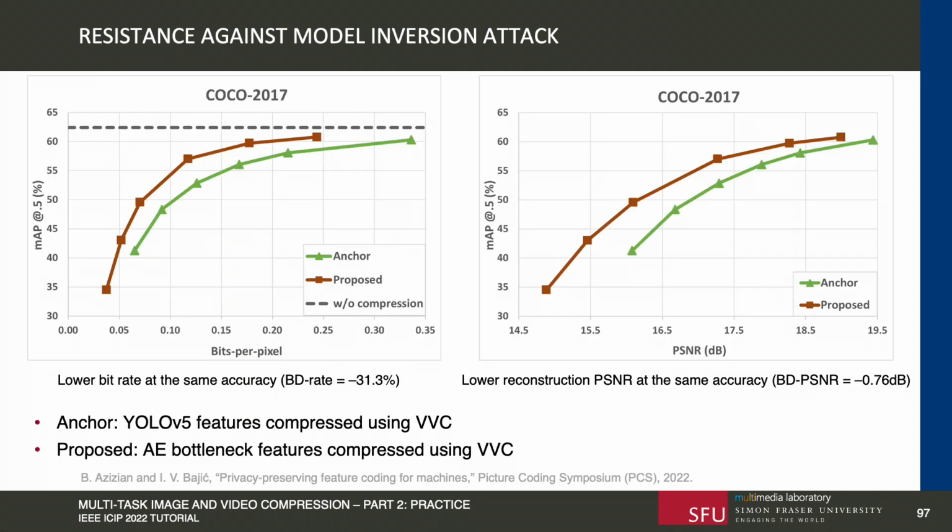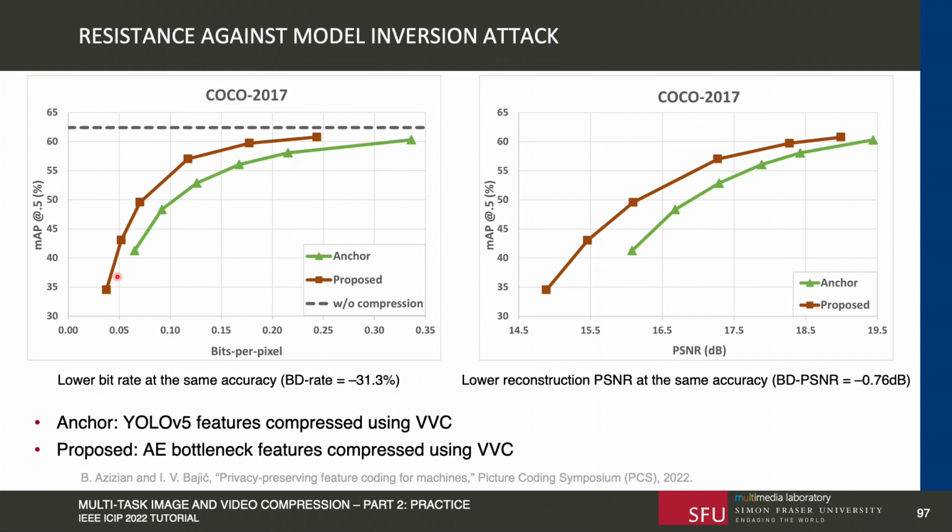So those results were obtained without any further compression of the features, and here are the results obtained with feature compression. So the graph on the left shows object detection accuracy in terms of mAP against the bit rate, and the green curve is the anchor, which is in this case compression of YOLO version 5's own features using VVC, whereas the red curve is the method that involves the autoencoder.